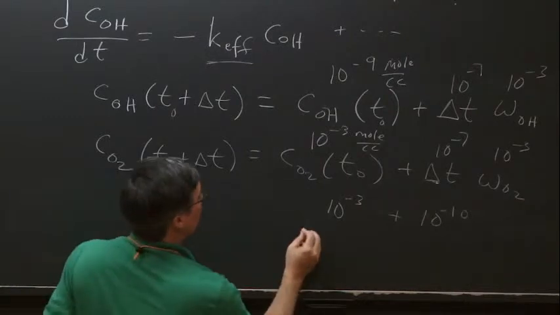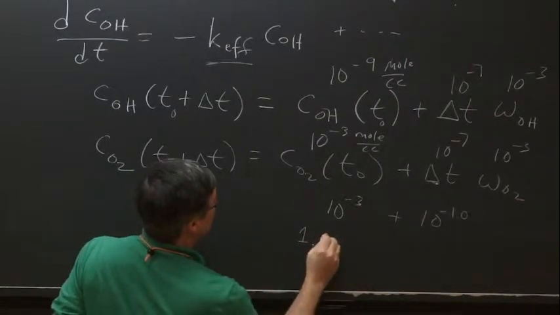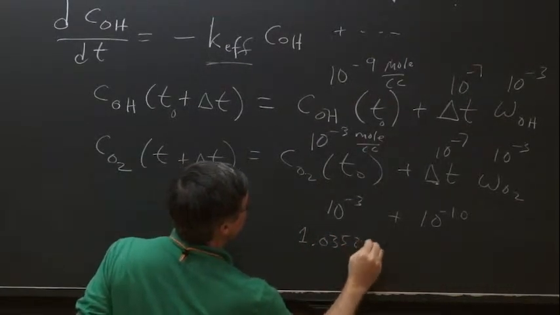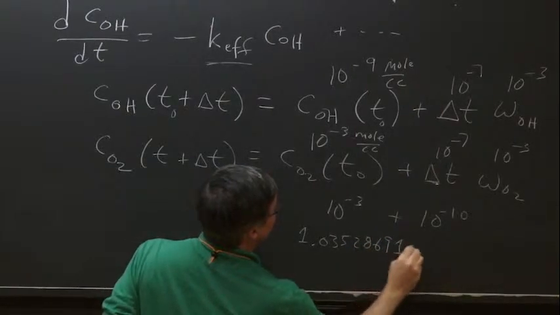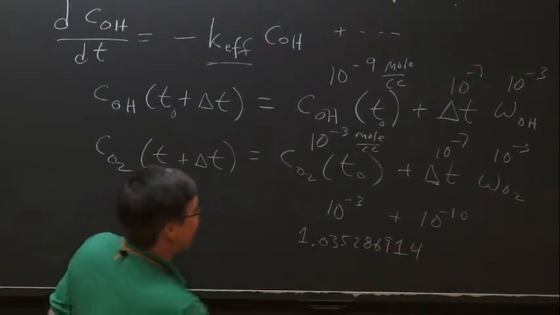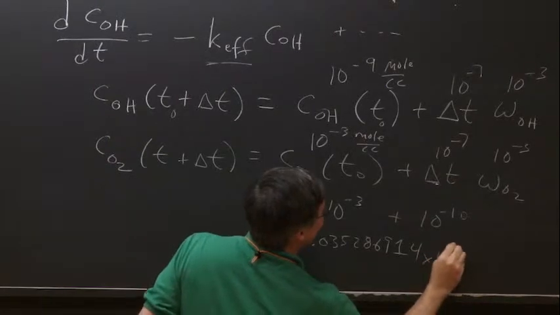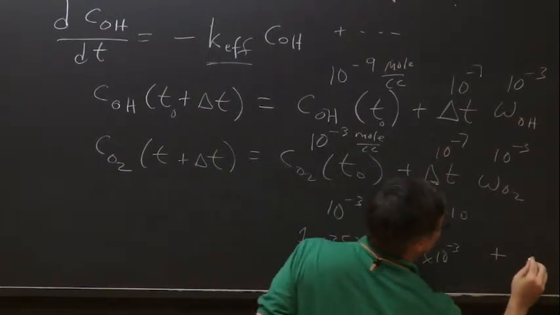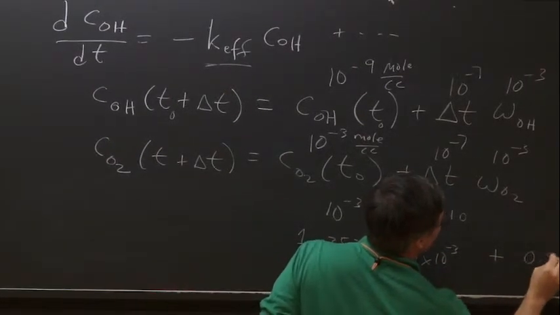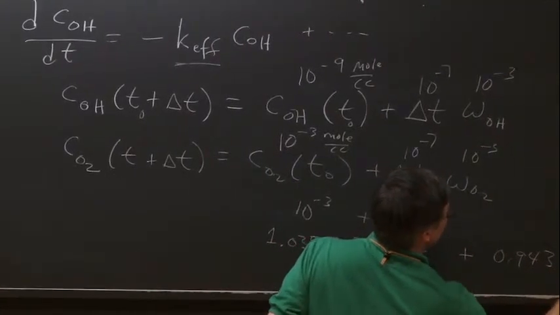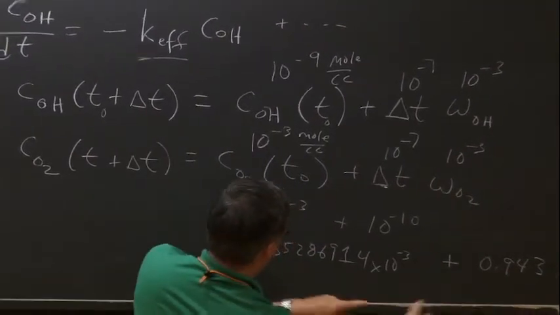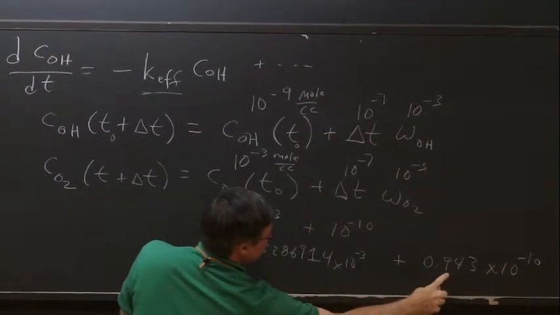Yeah, so this number is really 1.035286914 times 10 to the minus 3. And now I'm adding to it 0.943 times 10 to the minus 10. And when I go here, where's this going to be? This is the 10 to the minus 11th place.